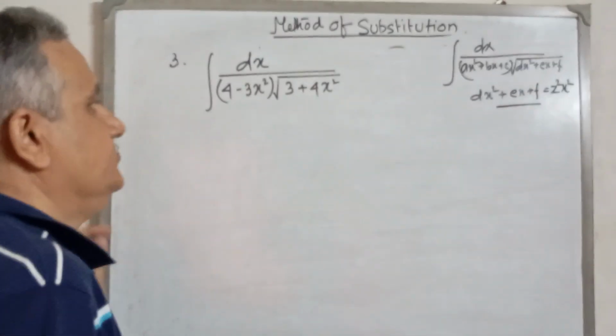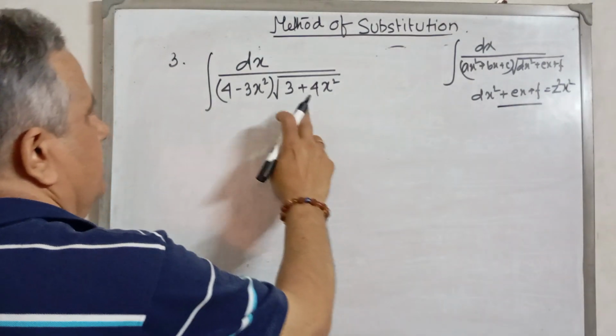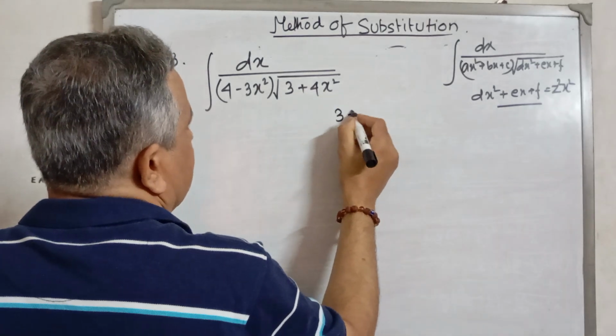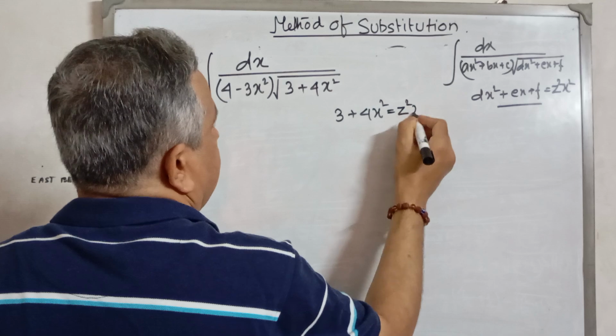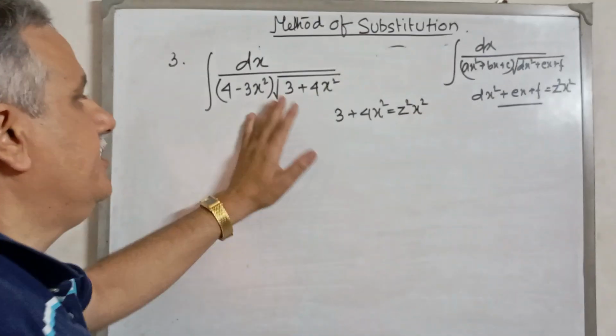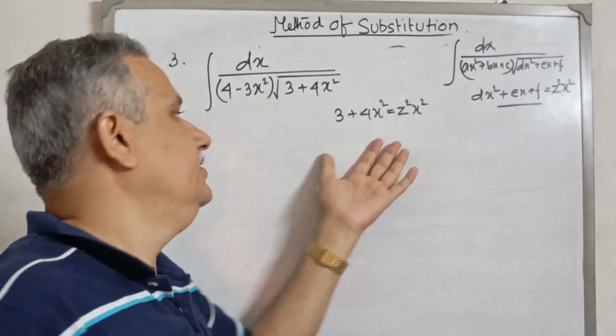So here we have to put 3 plus 4x square equal to z square x square. Under root we have to put z square x square.